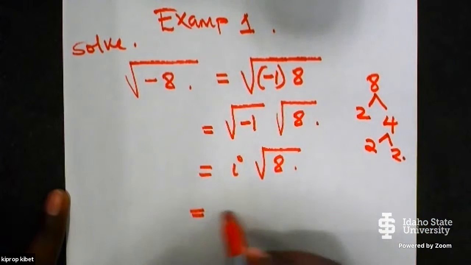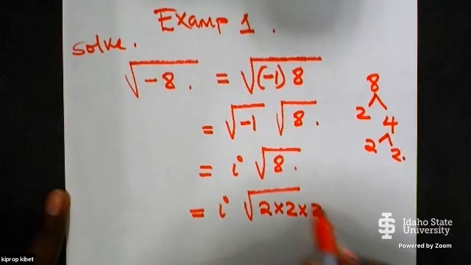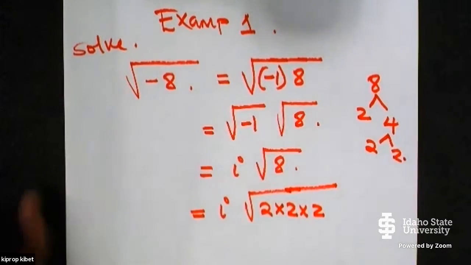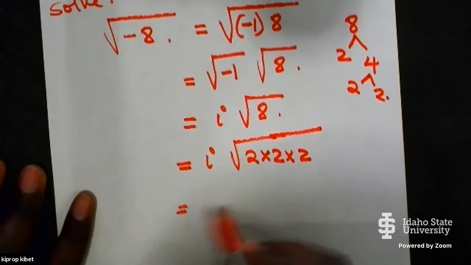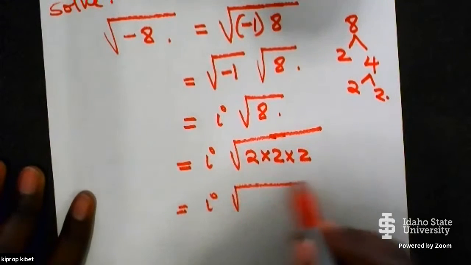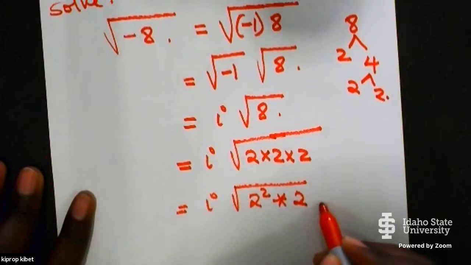So it is equal to i times the square root of 2 times 2 times 2, which is similar to i times the square root of 2 squared times 2.